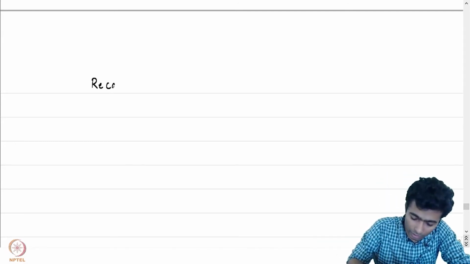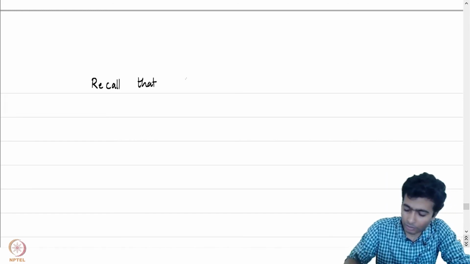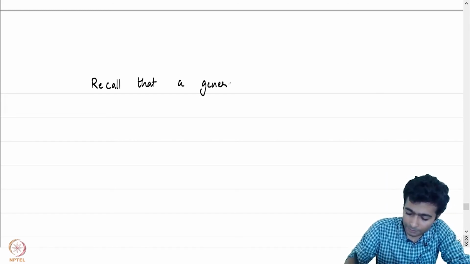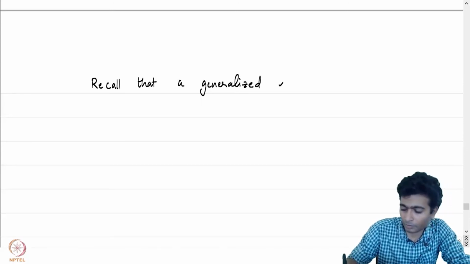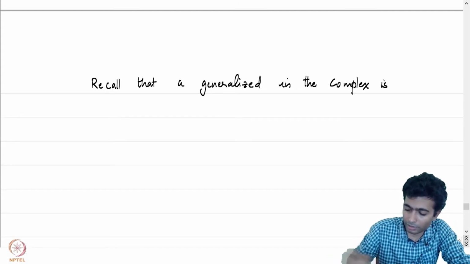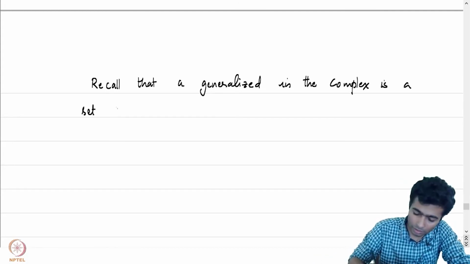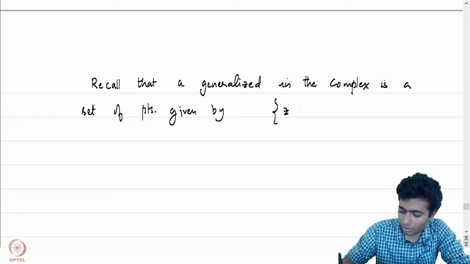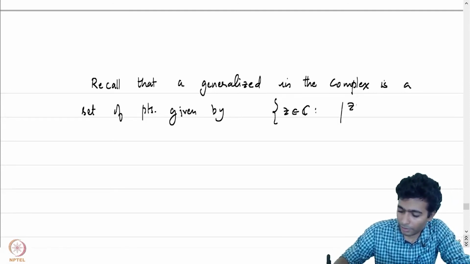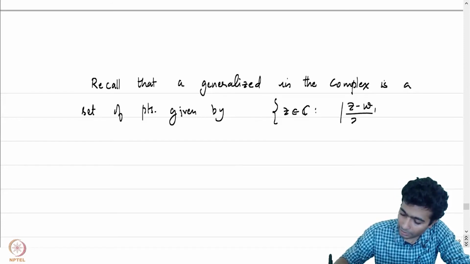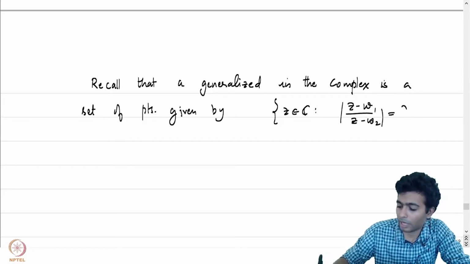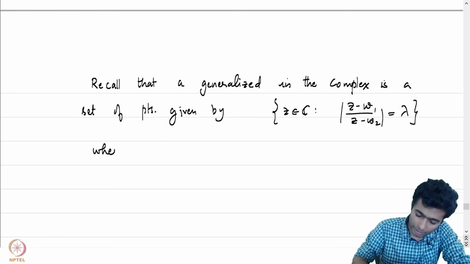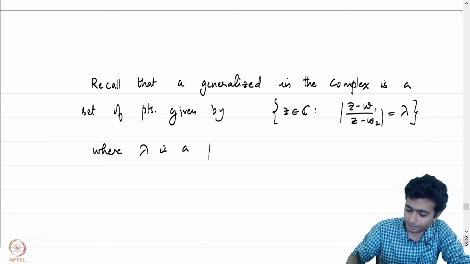Nevertheless, recall that a generalized circle in the complex plane is a set of points given by the absolute value of z minus w1 by z minus w2 is equal to lambda, where lambda is a positive real number.